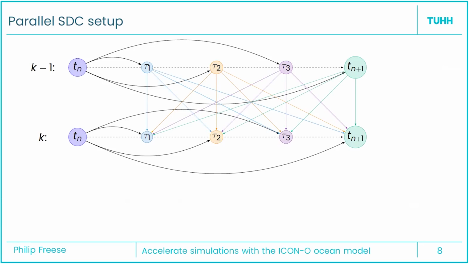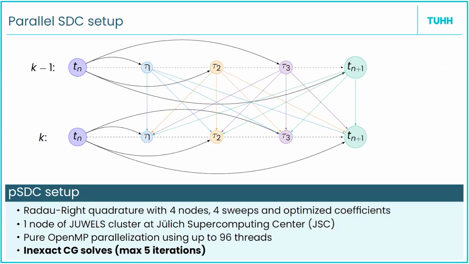So you get a high order method, but in general you only have very few sub-steps. In practice, we are using 4 sub-steps, so you only have very small parallelism available. But this is exactly what we want, because ICON itself is already highly scalable. It already uses a hybrid MPI OpenMP parallelization, and most of ICON is nowadays already ported to GPUs.